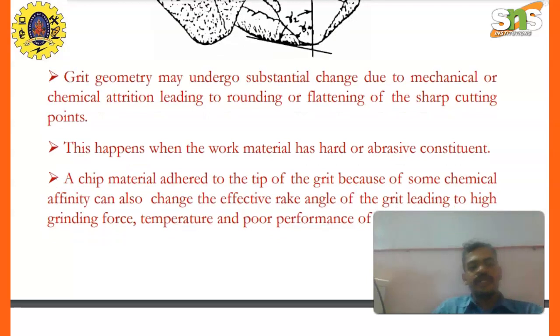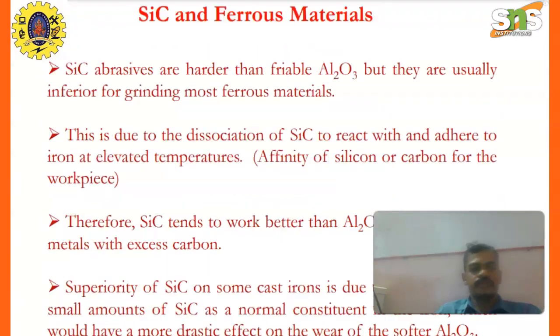Chip material adhering to the tip of the grit because of chemical affinity can also change the effective rake angle of the grit, leading to high grinding force, high temperature, and poor performance of the grinding wheel.